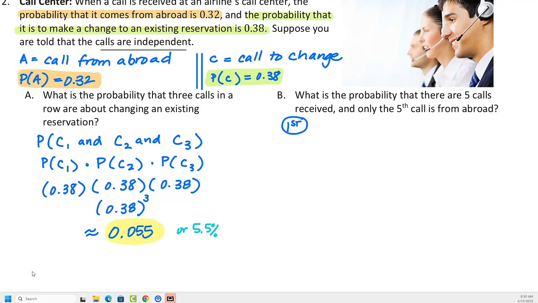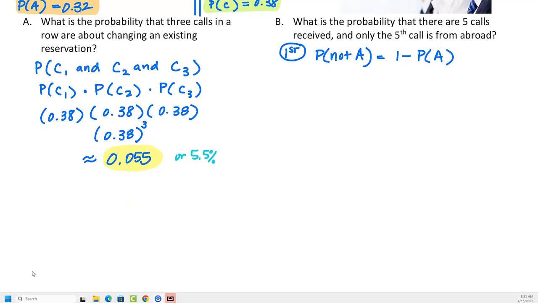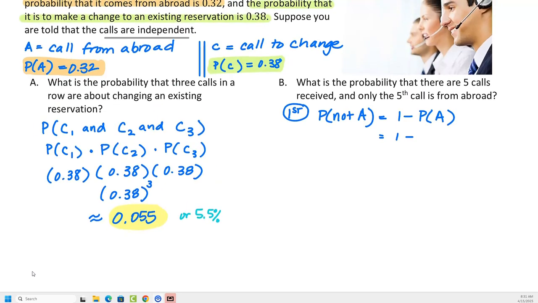So first, I need the probability of not A, which is 1 minus the probability of A. So that's 1 minus the call from abroad, isn't that what I've highlighted in orange, the 0.32? So it's going to be 0.68.